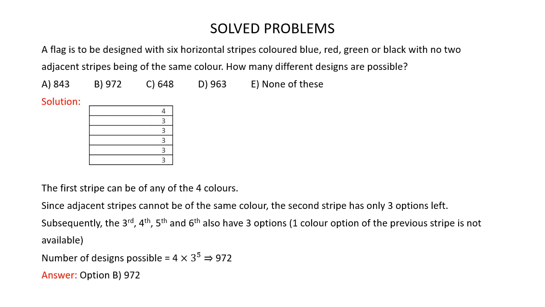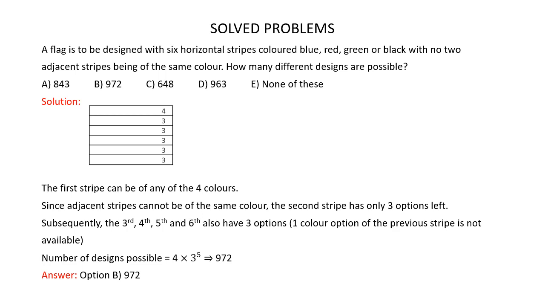So the second stripe has only three options left. Now the third stripe cannot be the same color as the second stripe. Now since one color is used for the second stripe, the third stripe is left with only the remaining three colors. So the third stripe has three options.